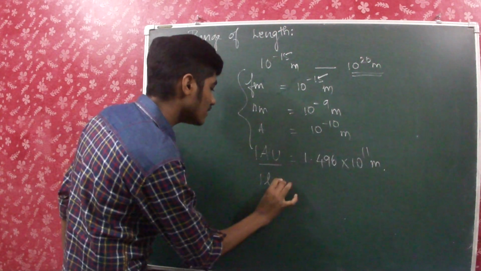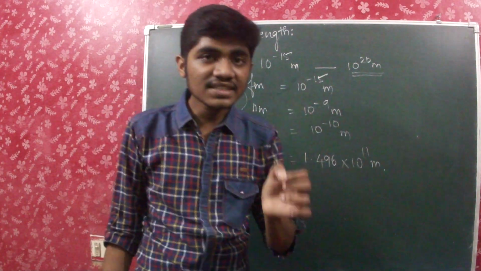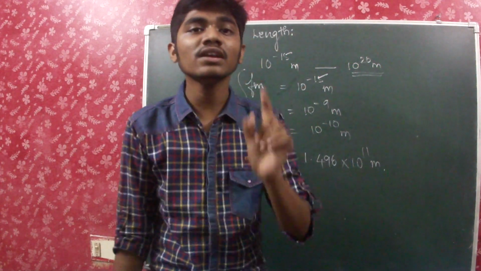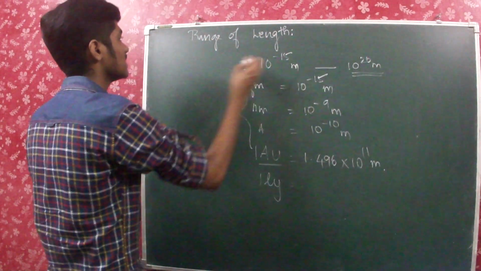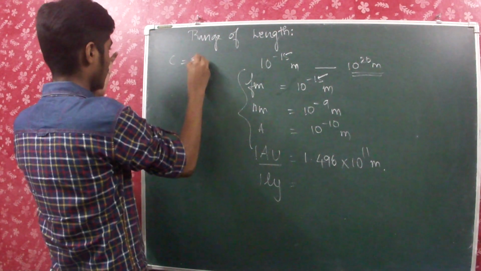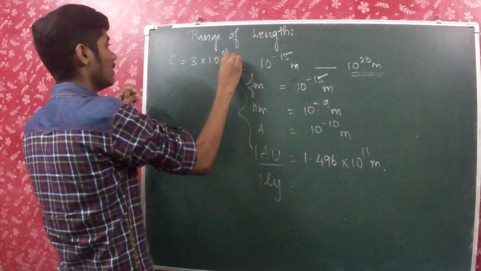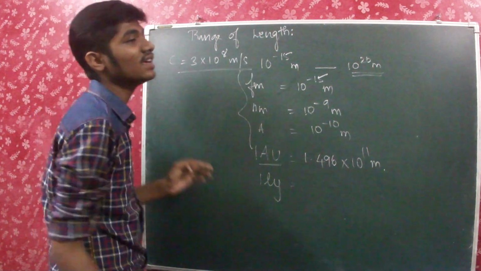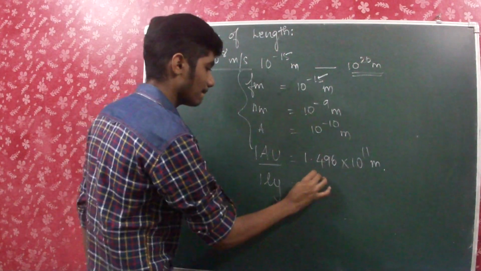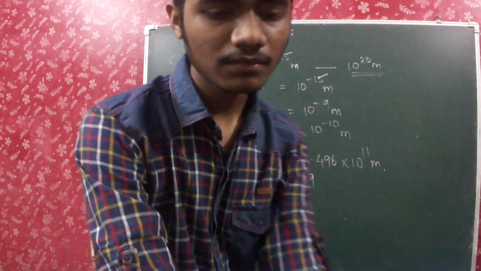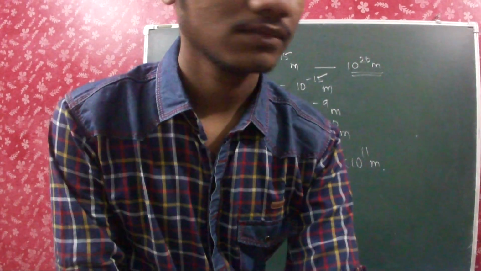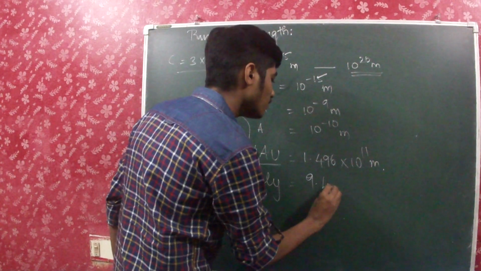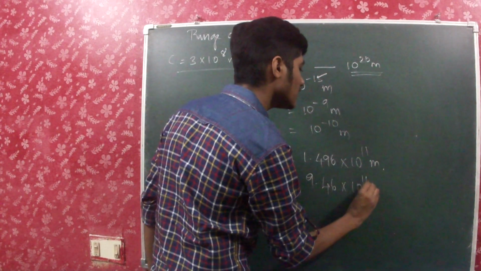And 1 light year, that is the distance that light can travel in 1 year with the velocity 3 into 10 to the power 8 meter per second. That is c, speed of light, 3 into 10 to the power 8 meter per second. With this velocity, the distance that light travels in 1 year is 9.46 into 10 to the power 15 meter.